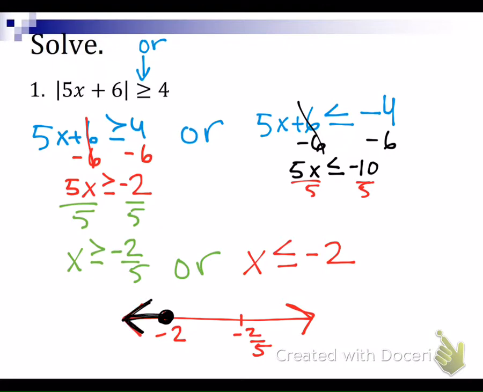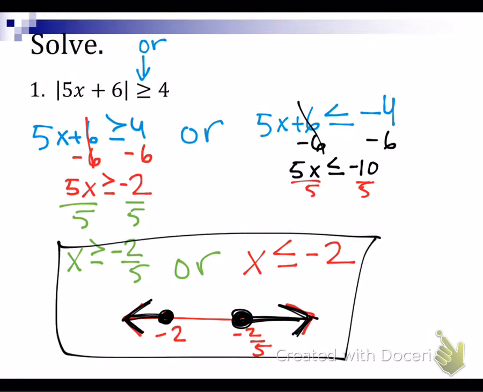I want greater than or equal to negative 2/5, so that's that way. And then you just double check. It's an or. They're going away from each other. So the spots on the graph where one or more is true is the exact inequality that we just graphed. That is our answer. Questions?